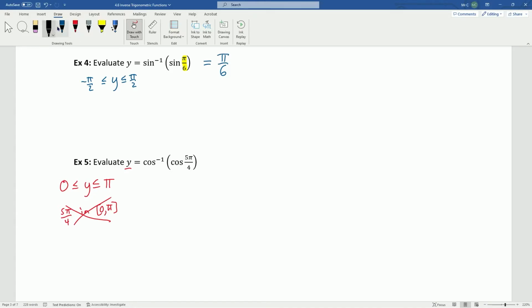Well, it's simple enough. We just evaluate what's inside the function, plug it in. So cosine of 5 pi over 4. Remember, 5 pi over 4 is pi plus pi over 4. So we draw pi and another fourth of pi. And so that means my little reference angle here is pi over 4. And so my sine value here would be negative root 2 over 2, and my cosine value would also be negative root 2 over 2.